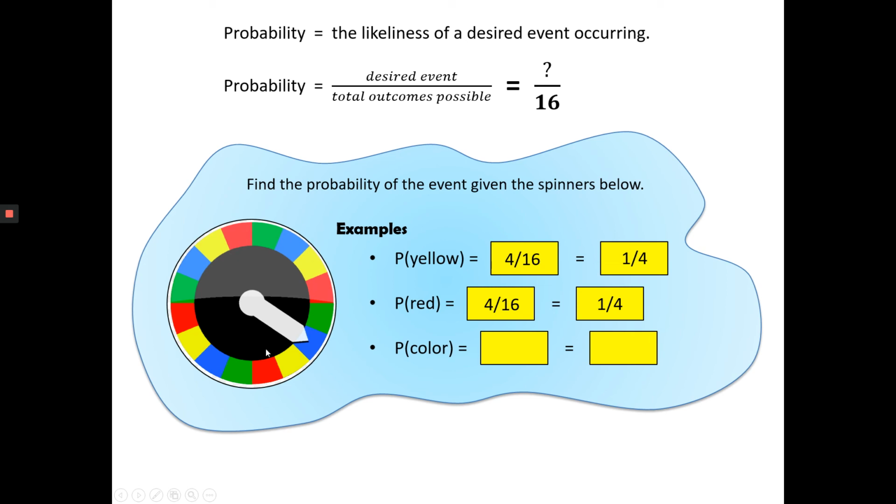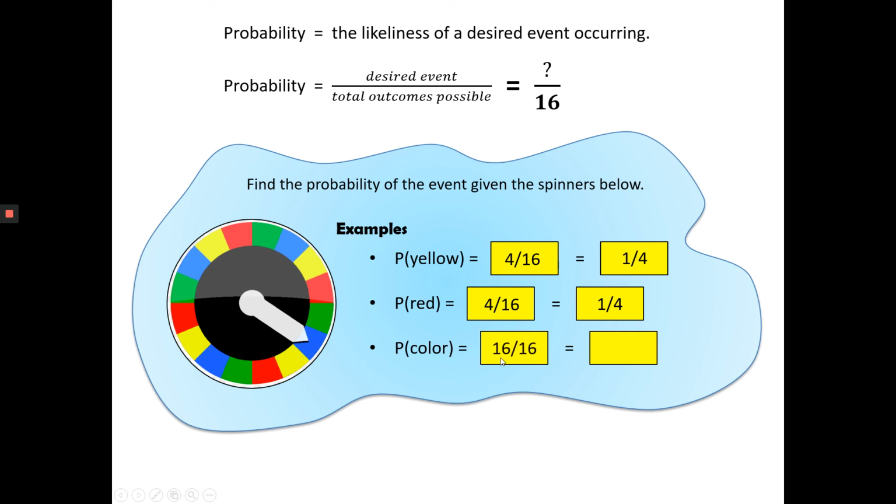So out of all 16 of those spots that it could possibly land on, all 16 of them are colors. And no, Gage, we're not thinking of the weird, interesting situation of it landing somewhere in between the two colors, because everybody knows if that happens, then you're just going to have to spin again and have it land on a color. So we're not dealing with those. So what's the probability of it landing on a color? It's 16 out of 16.